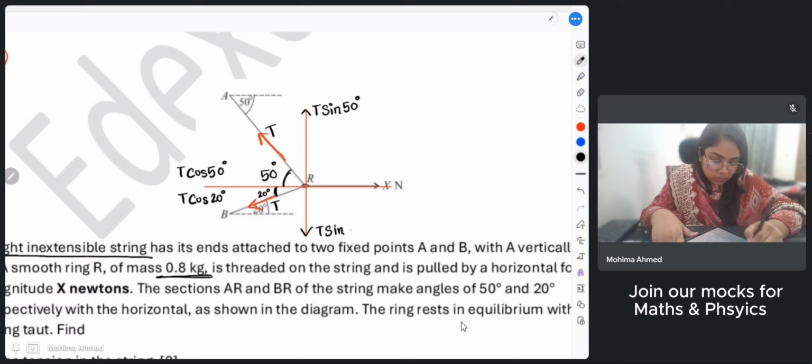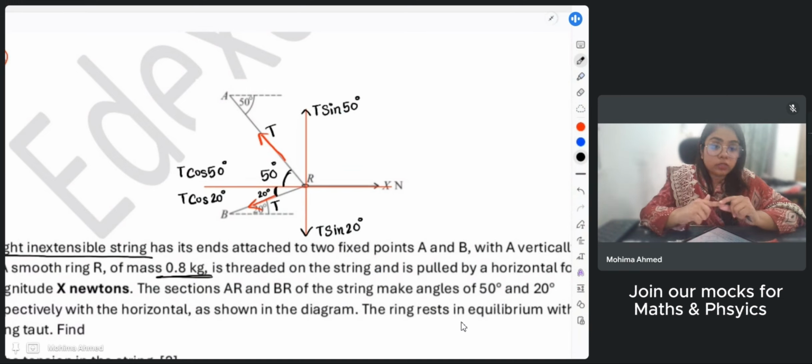You already know that the entire ring was in equilibrium in all directions, in the vertical plane and also in the horizontal plane. So there will be no acceleration in any plane: a would be 0 for the vertical plane and a would be 0 for the horizontal plane.